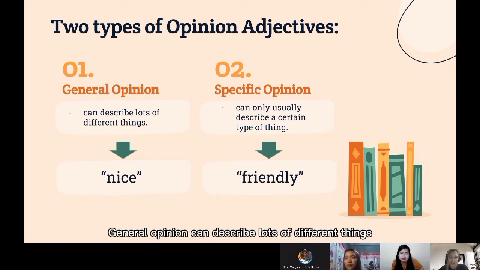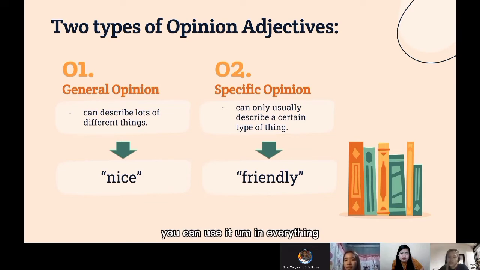General opinion can describe lots of different things, just like the word nice. You can use it on everything, just like on a human: she's a nice person, or you can use it on things, like a nice dress.